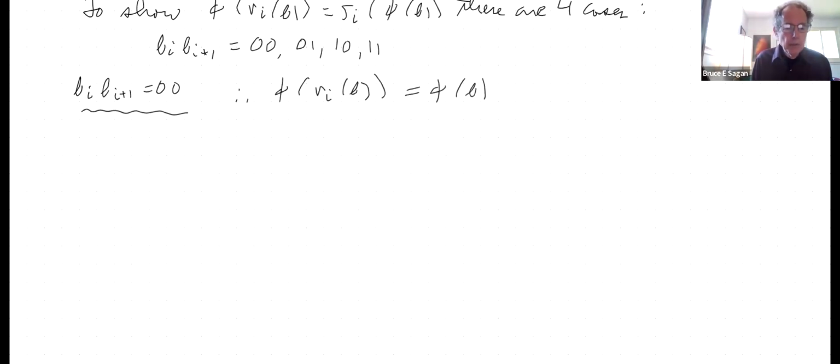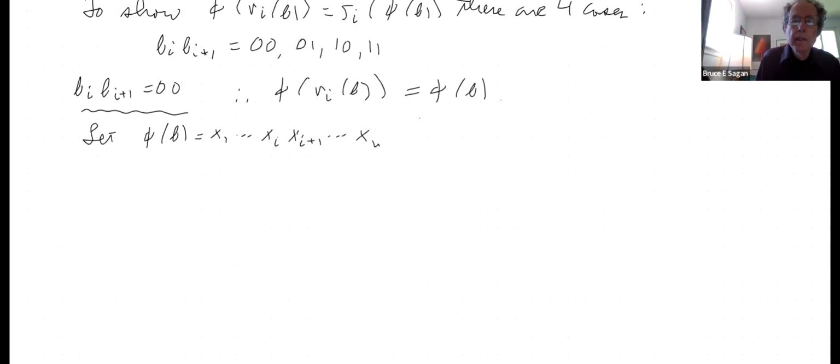Okay, so just to give some notation here, let's let phi of B, remember this is some linear extension, be this one. And now remember, bi, bi plus 1 is 0, 0.